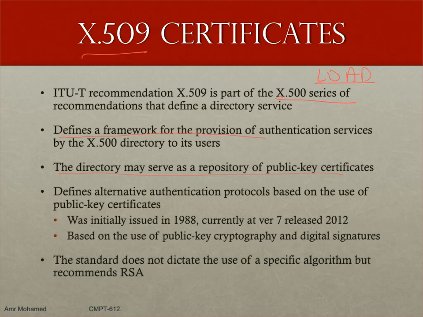When I get the credentials, I can use them to identify myself again to the different servers, whether to access the system or to access a specific service in the whole system. Okay? One way of doing this is through public keys.